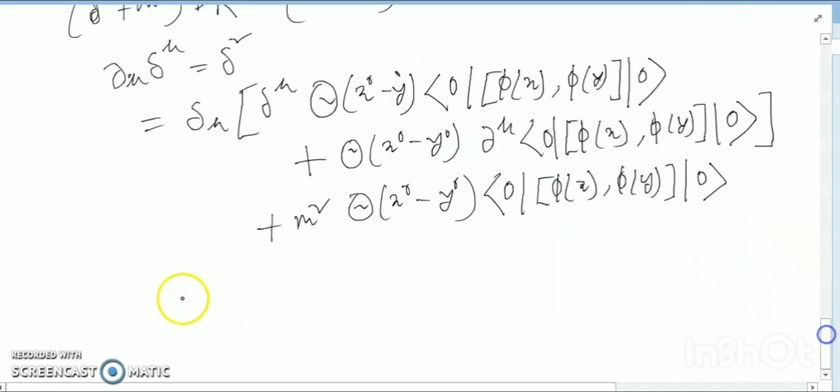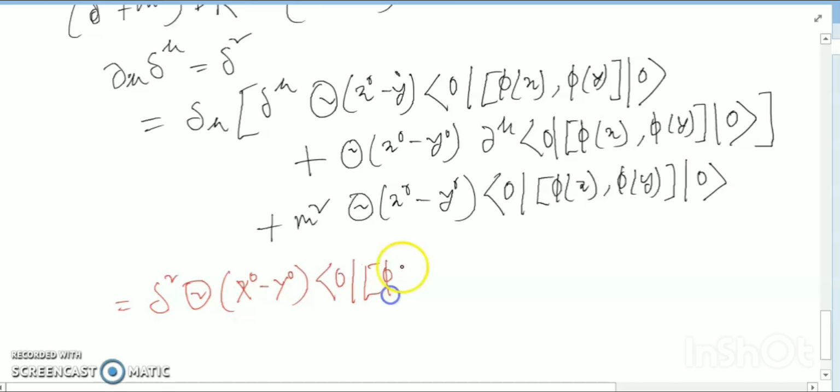We can write del mu into del mu is equal to del square, so it is del square capital theta x0 minus y0 and the vacuum sandwich phi x comma phi y.